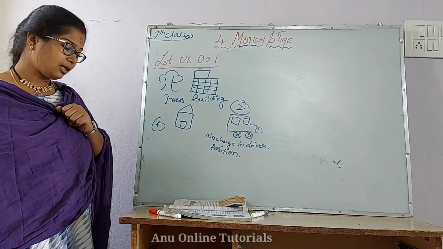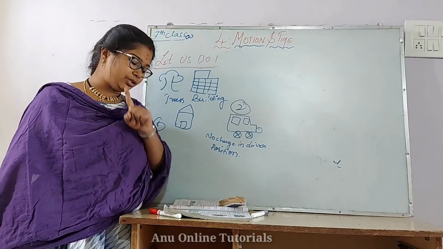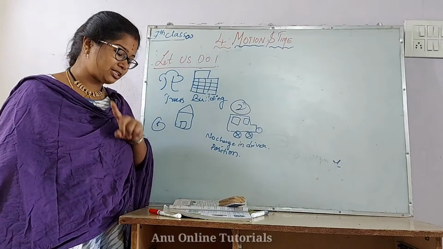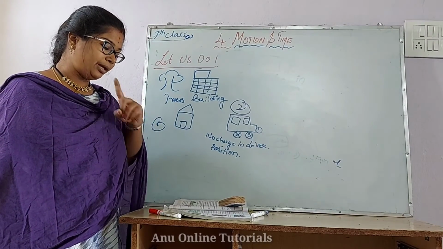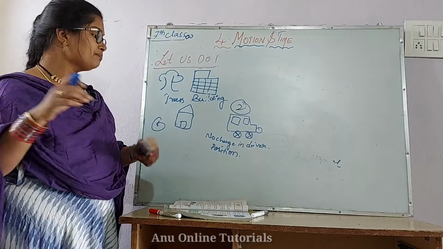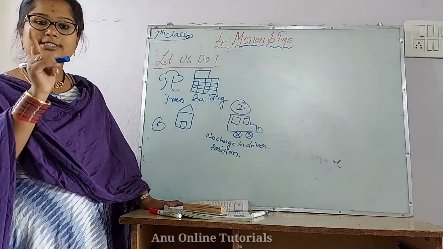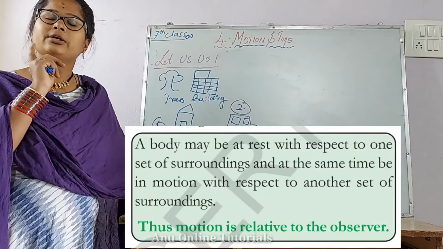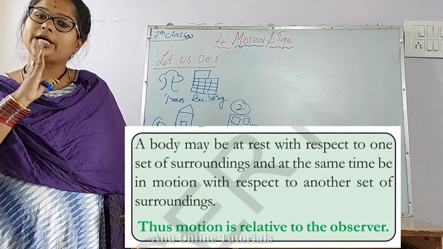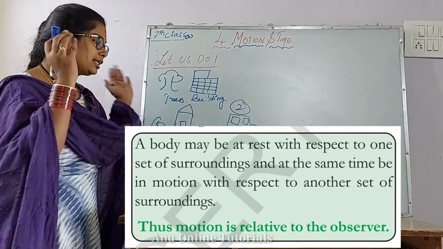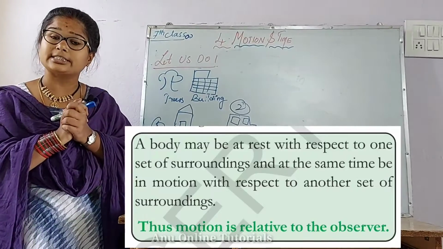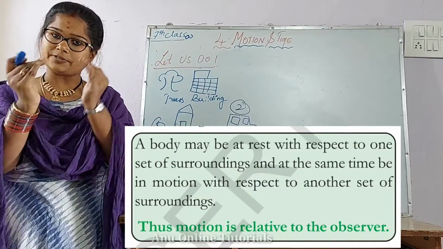Next, a body may be at rest with respect to one set of surroundings and at the same time be in motion with respect to another set of surroundings. Here is a very, very useful point. You need to catch this. A body is said to be at rest with one set of surroundings.